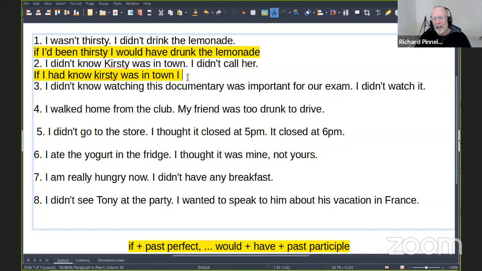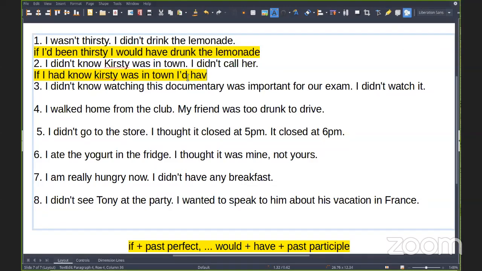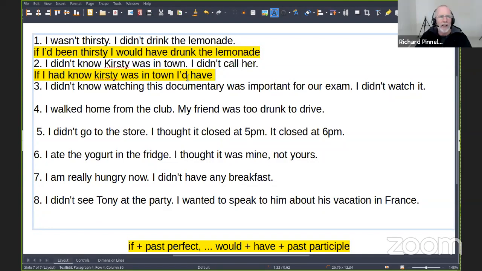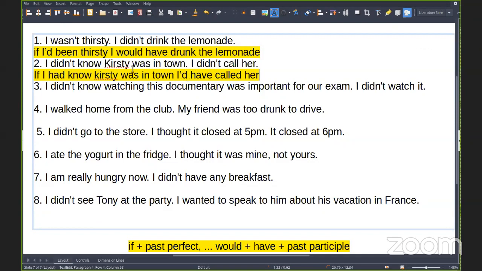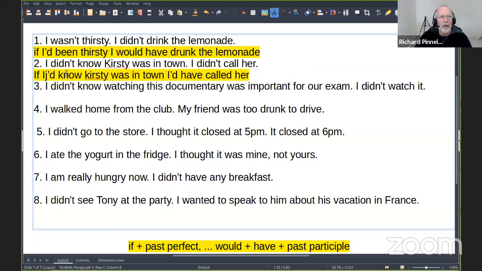The reality is I didn't call her. And here too, we would normally just use a contraction. If I'd known Kirsty was in town, I'd have called her. This is how a native would speak.